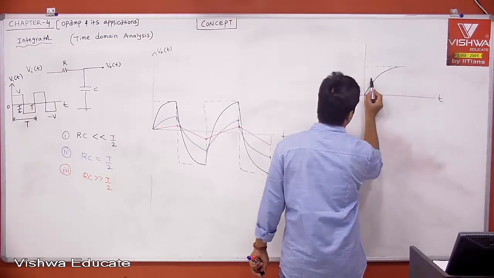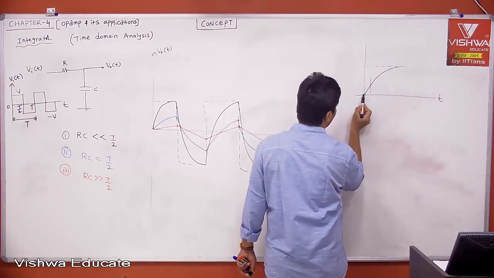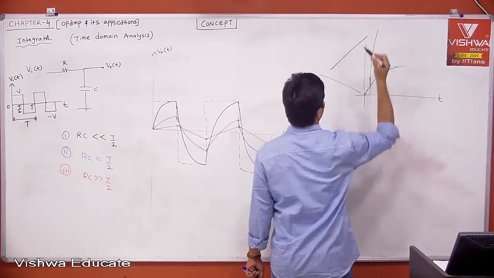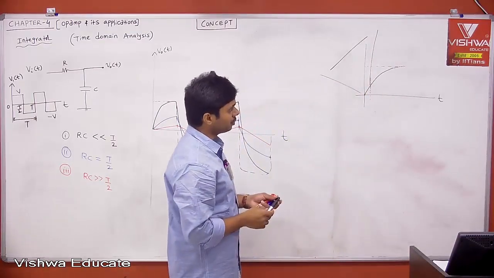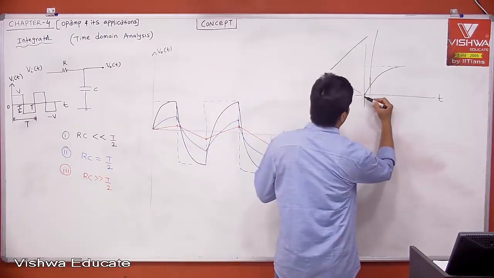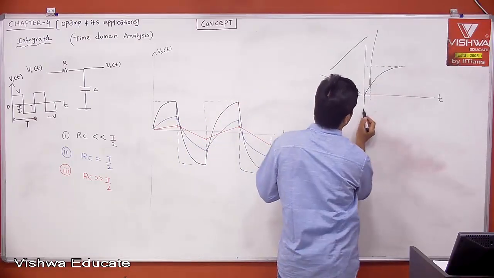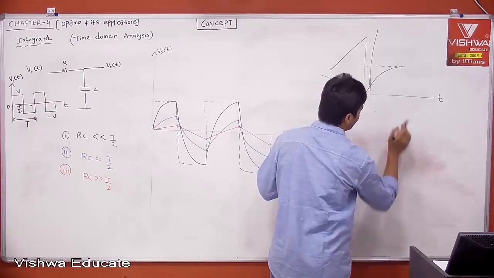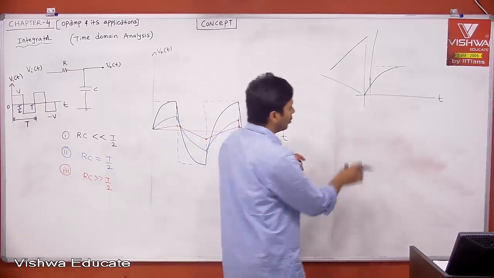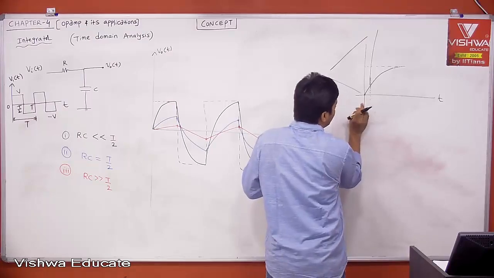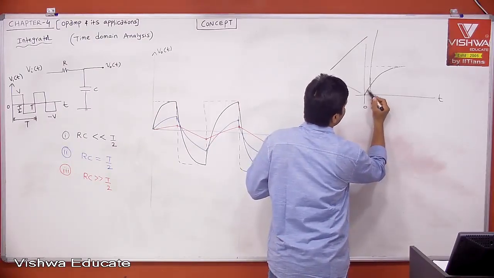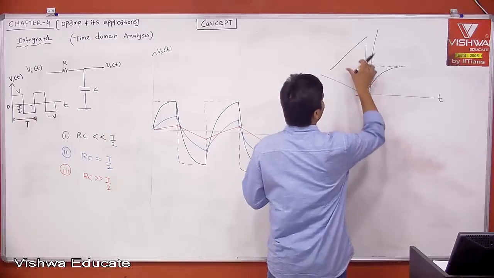But if you look at the lower voltages, if you zoom into this portion, it is kind of linear. Even though it is completely non-linear overall, if you take 0 to 5 times the time constant, which is 5 into RC, then in the portion near time t equal to 0, it charges kind of linearly, therefore you can take it as linear.